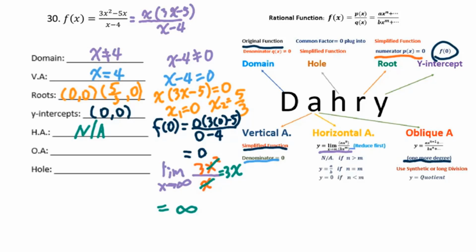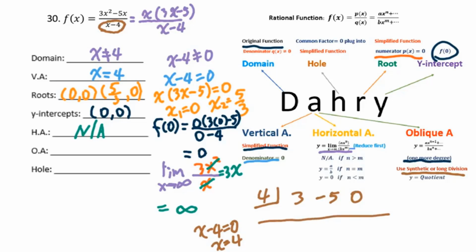How to work this out? Use synthetic division or long division. Since the denominator is a linear function, let's use synthetic division. 3, negative 5, 0. No missing term. Then you get x minus 4 equal to 0. Root in the corner. Therefore, I got 4 here. 3, 12.